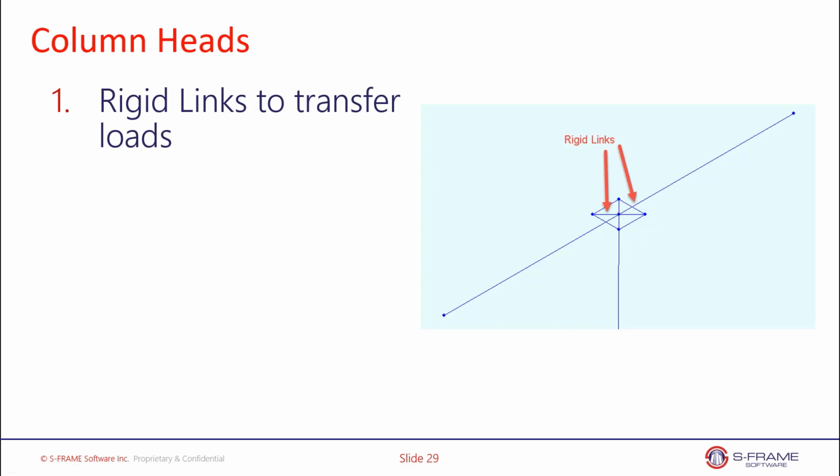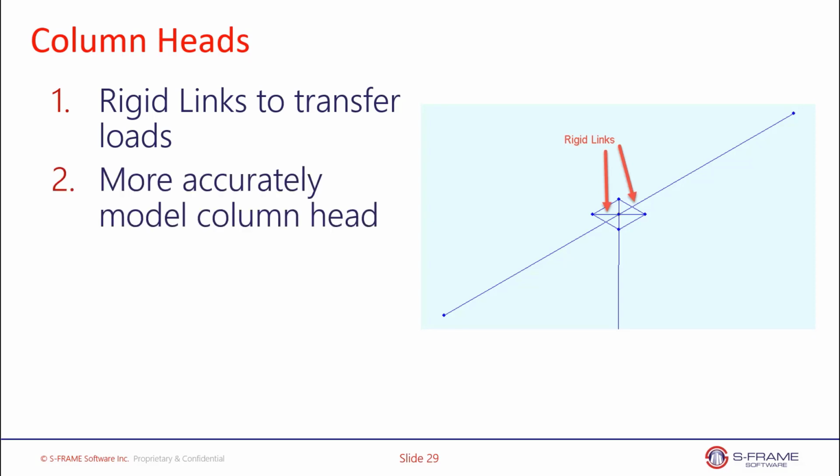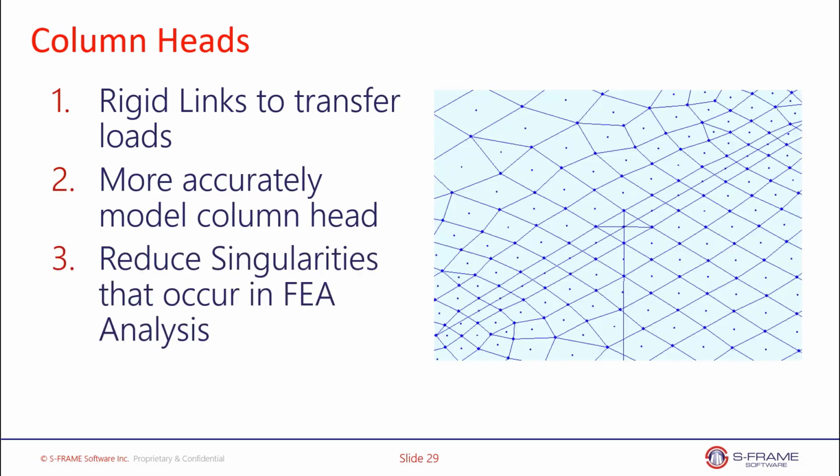We could actually define rigid links to transfer those loads to the outside and get a better understanding of how the column header would actually interact with the slab in real life. So this would help reduce those singularities that we saw in that last example, where we just have that one column pinning up essentially into our slab. It would be like a pin connected to our column, where all the force is so focused on one location.